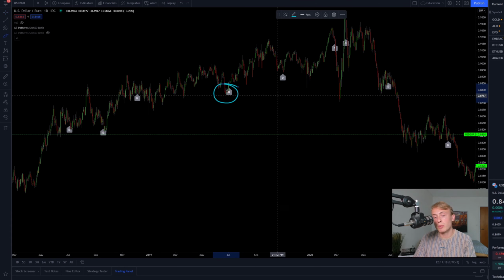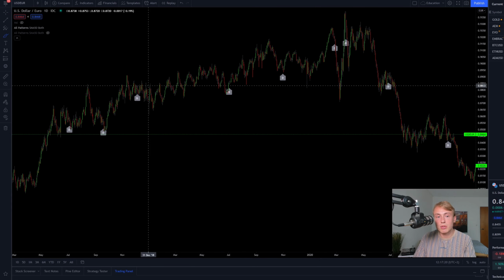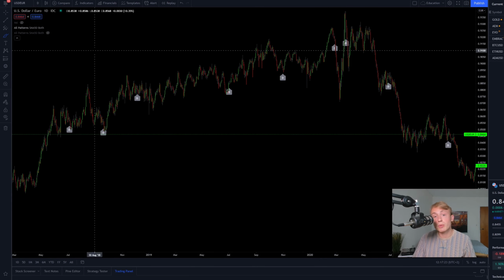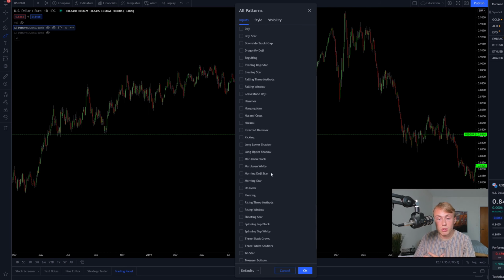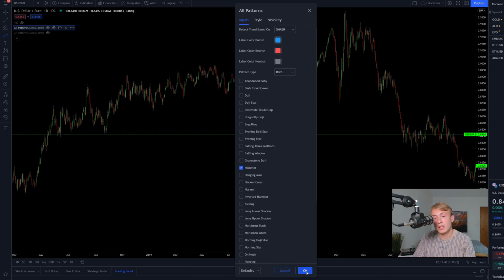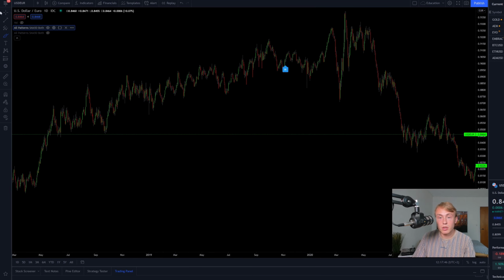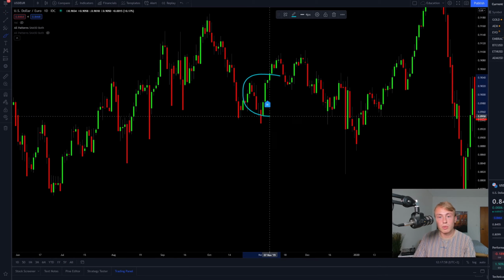As you can see, we have, for example, one doji there, one doji there, one doji there, and so on and so on. If you're looking for another specific pattern, let's say we only want to look for hammers, then we check the hammer, and we press OK. This one, as you can see, looks to be a bit more rare, but one example of a hammer was one we found right there.